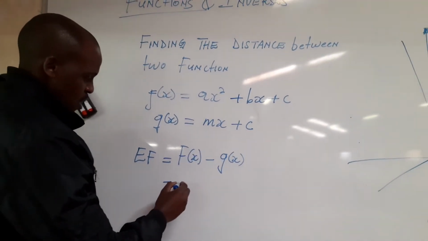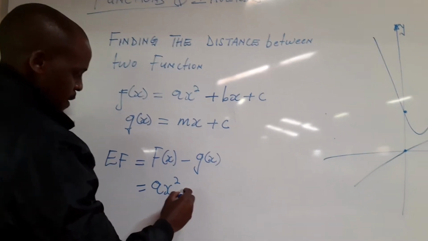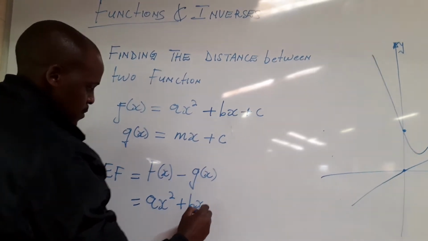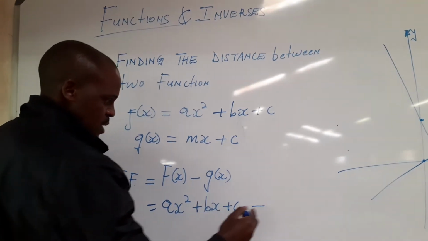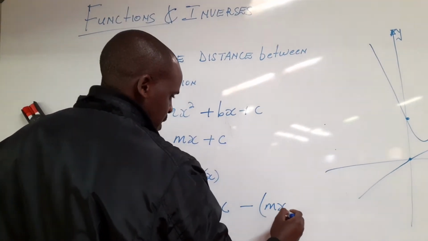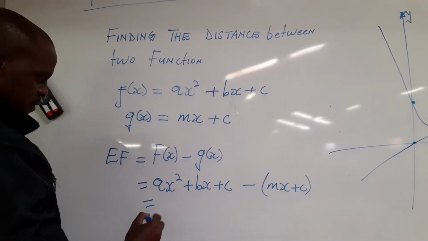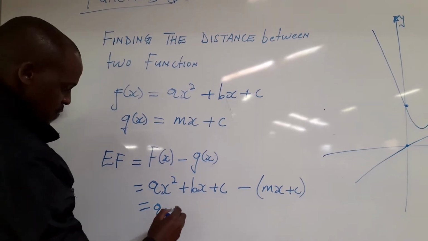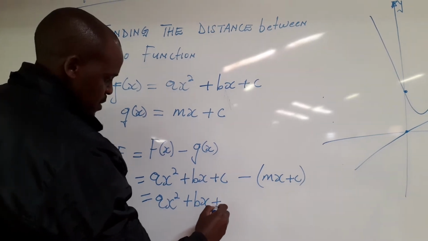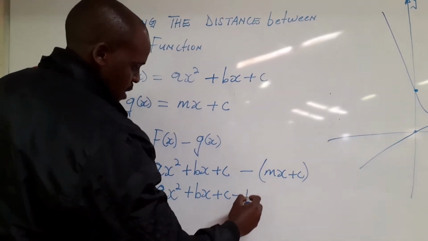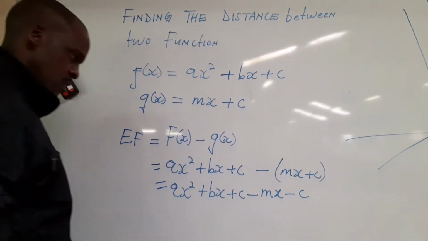This means that we are going to have ax squared, which is our f, plus bx plus c, minus g(x), which is mx plus c. And then let's solve the brackets there. We are going to have ax squared plus bx plus c minus mx minus c.